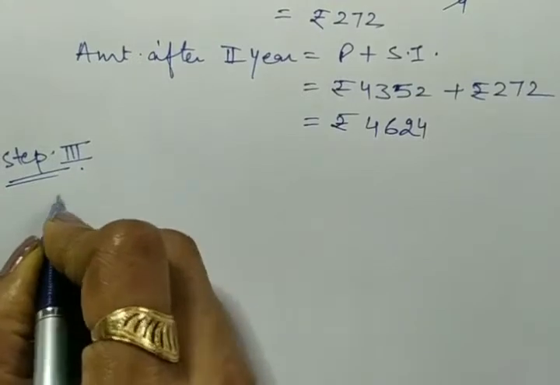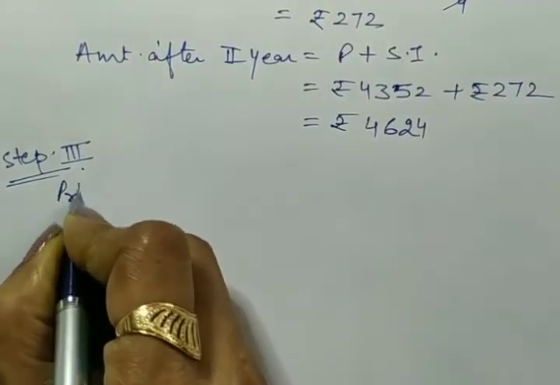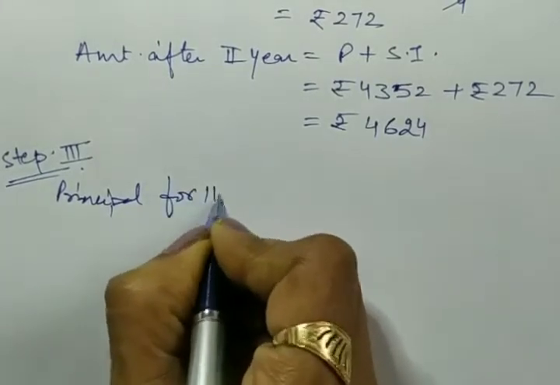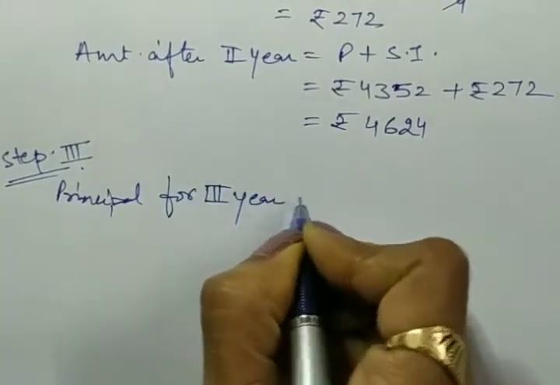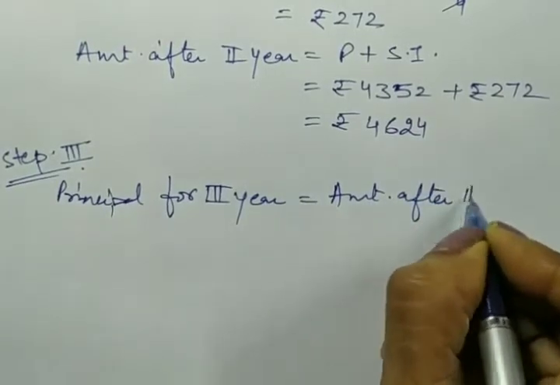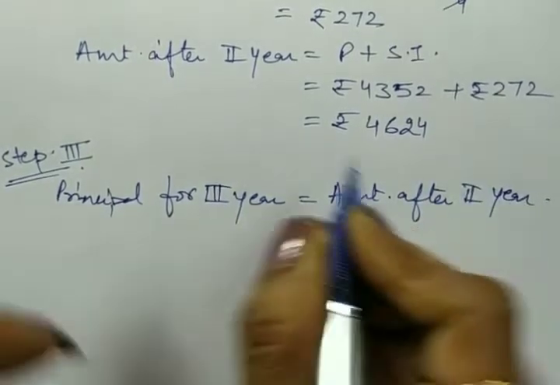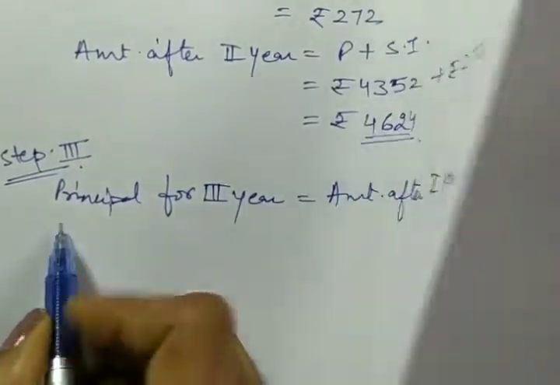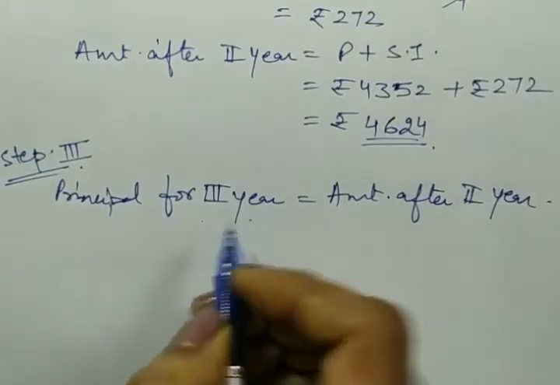So now principal for third year will be amount after second year. The amount you have found after second year will be considered as the principal for third year.